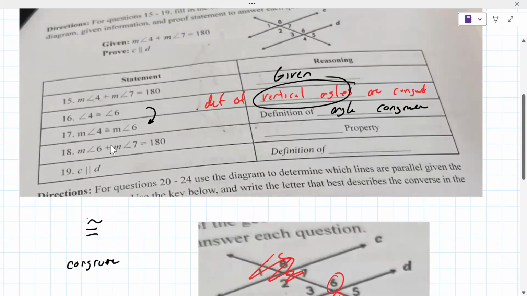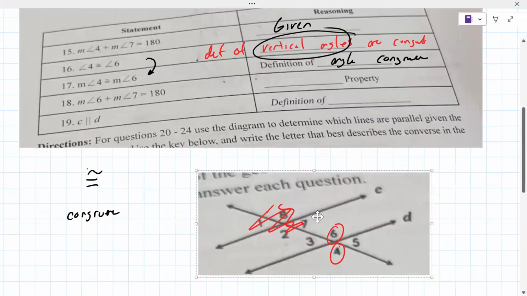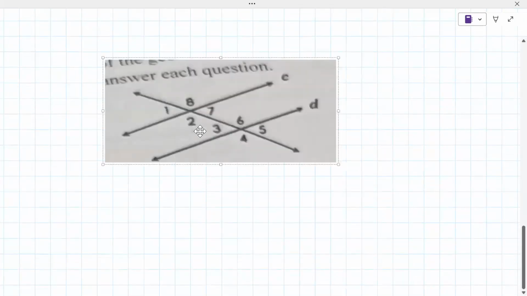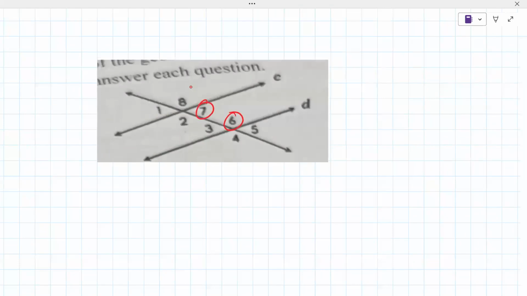All right. So let's go back to 18. It says measure of angle 6 plus measure of angle 7 equals 180. Okay. So sometimes you have to go back to the drawing to see where 6 and 7 are. So I'm going to drop that here and let's look at angle 6 and angle 7.